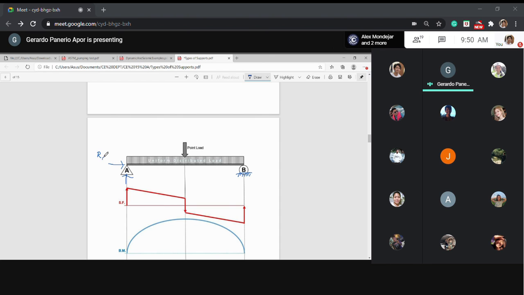RAX is 0. So at point A, where the beam is supported, there is only one reaction, and that is RAY.